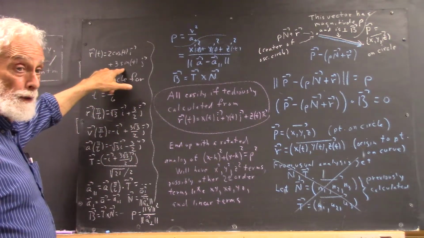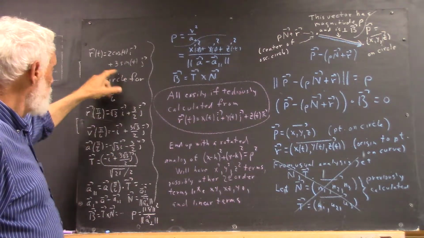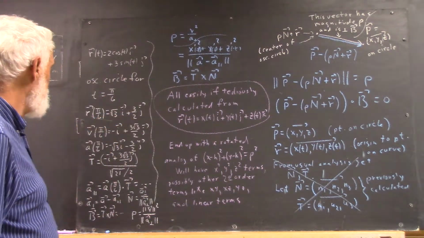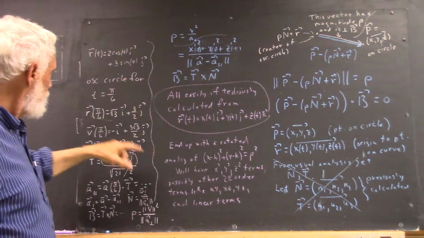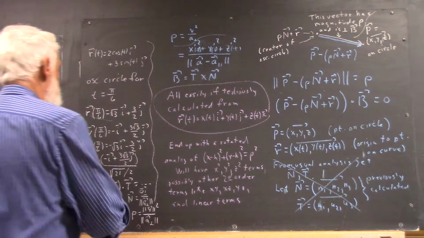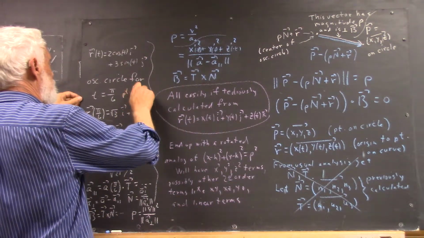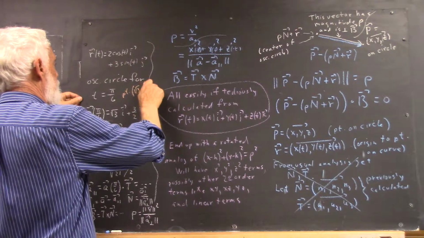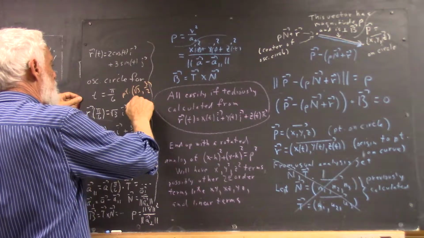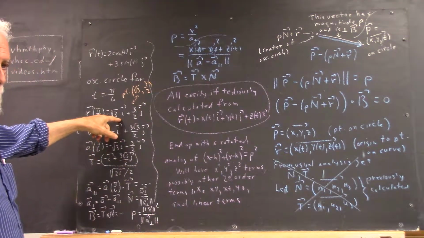Sine of pi over 6 is 1/2, and 3 times 1/2 is 3 halves. I think that's right. So at the tip of this vector, at the point square root of 3, 3 halves, we'll have an osculating circle.